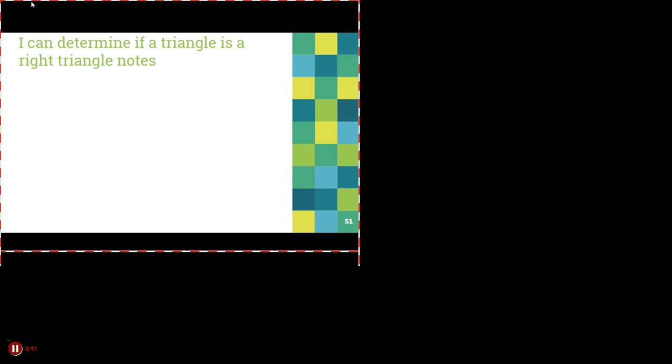All right, today we are going to be determining whether or not 3 measurements would make a right triangle. Obviously, if we have 3 different measurements, it's going to form a triangle because the only shape formed with 3 sides is a triangle. But we need to know, would it have a 90-degree angle based off of those side measurements?